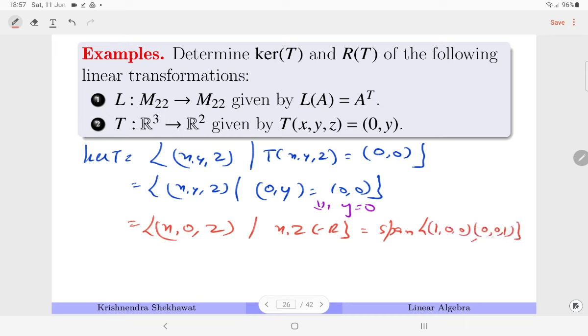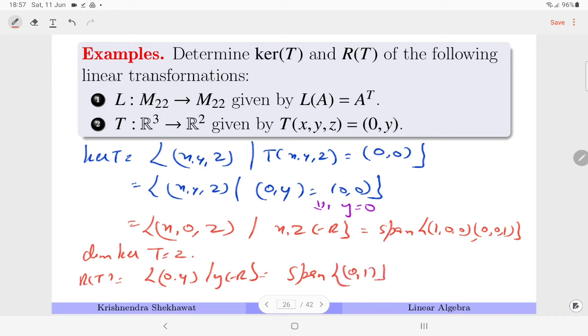We have discussed it many times. You can try it by yourself also, and both are linearly independent vectors. Therefore dimension of kernel T is equal to 2, and range T is 0, y, where y belongs to R, which is span of 0, 1, and therefore dimension of range T is equal to 1.